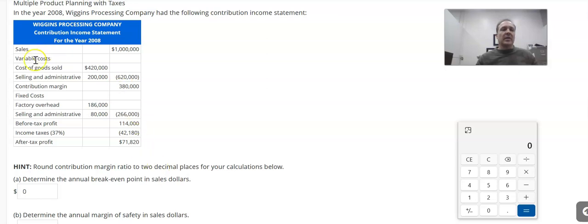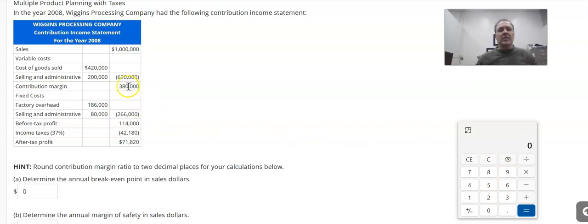So if we look here at our original contribution income statement, looks like we have total fixed costs, both product and operating or period fixed costs of $266,000 in total. Okay, so we're definitely going to need that. So if we were going to set up a fraction, this $266,000 here, forget about the parentheses. Just we would plot this 266 as our numerator, and then we can probably do this in our head.